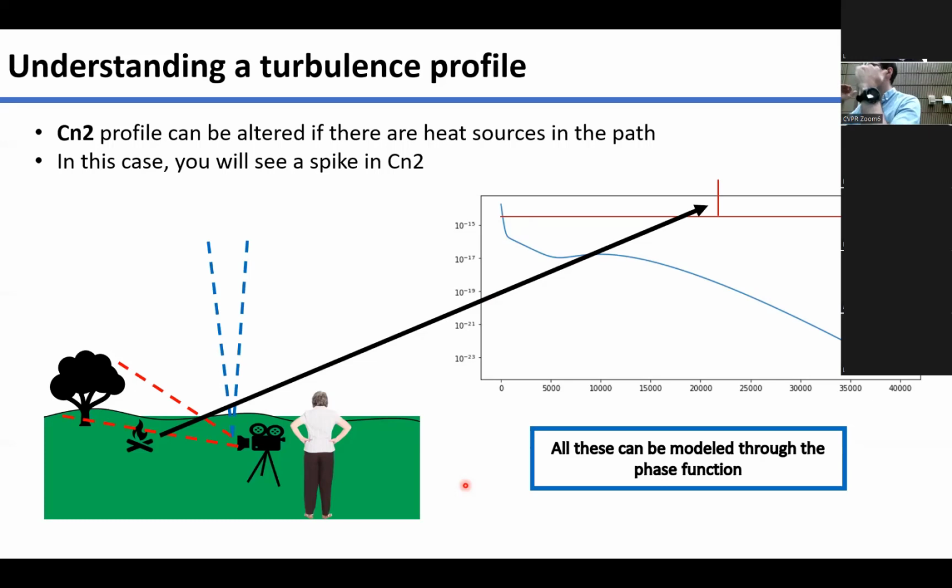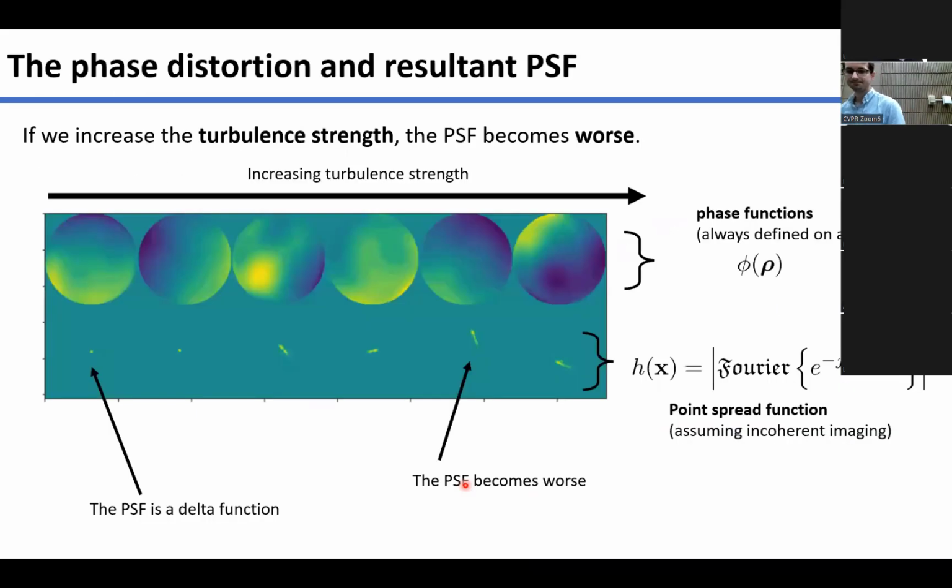So it doesn't have to be perfectly constant for a horizontal path, but to a decent approximation, it can be constant. However, there can be some fluctuations due to sources like this. But all of these fluctuations can be modeled and put into the phase function.